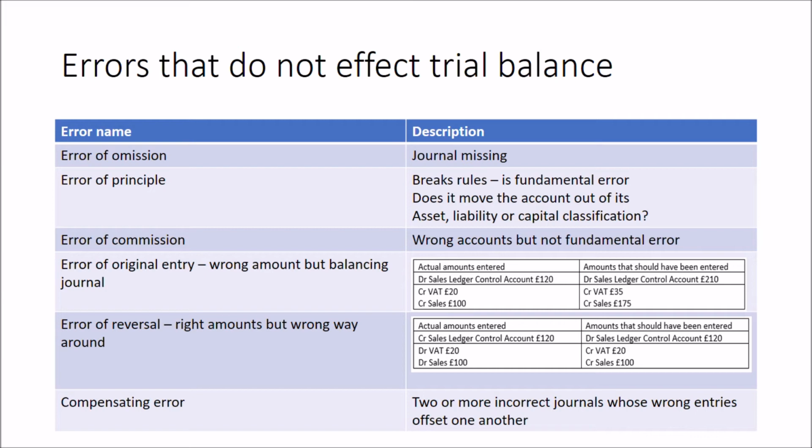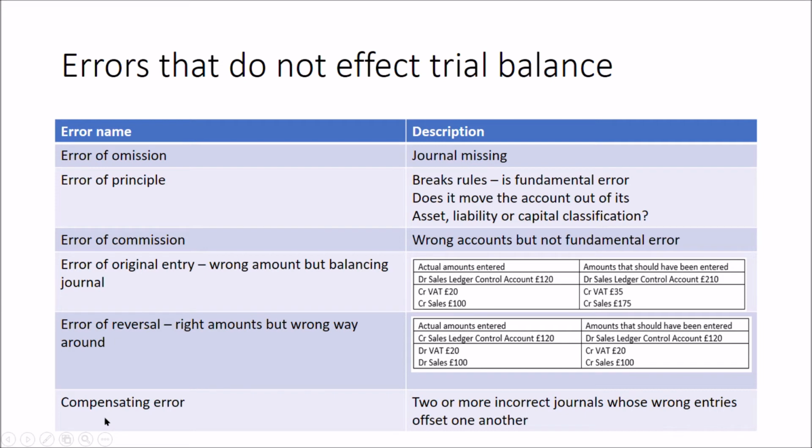No, not really. All it is, assets equals liabilities plus capital. Sales is a liability to shareholders, and therefore is a money out item. An increase in a money out item is a credit. So negative money essentially, and this is the positive money that's coming in. Let's go sales ledger control account. So it's the right amount, but they're the wrong way around. That's an error of reversal. Error of original entry, error of reversal.